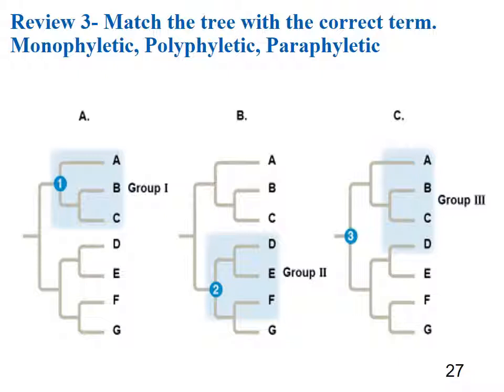If we look at B, B left off this group G down here, so this is actually going to be paraphyletic. And then polyphyletic, here we've got D included. D should not be included, or we should include E, F, and G. So C is going to be polyphyletic.